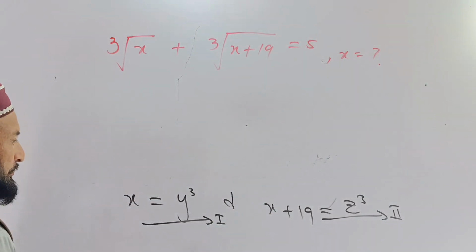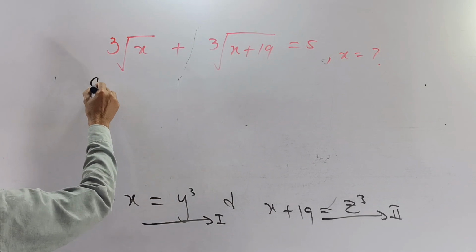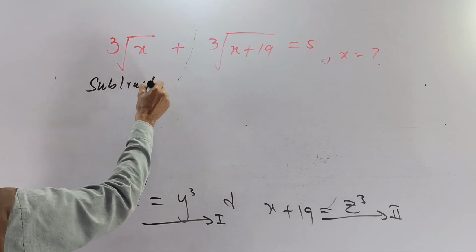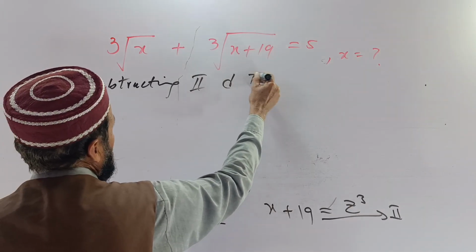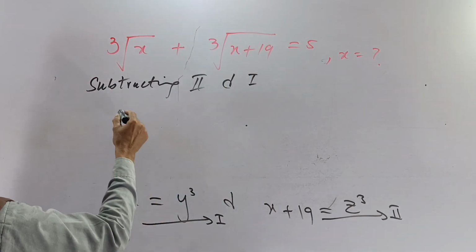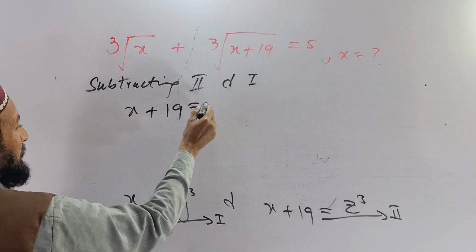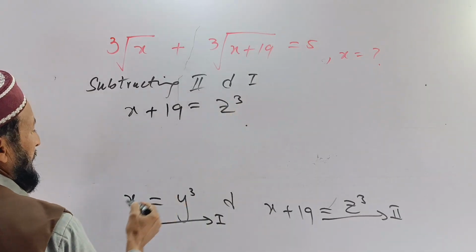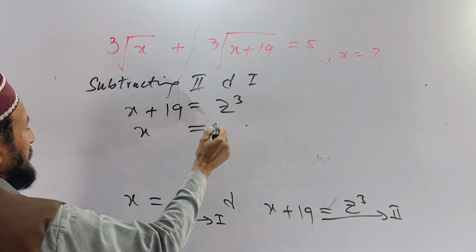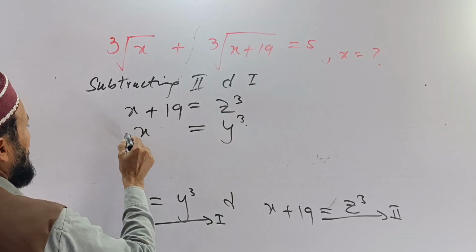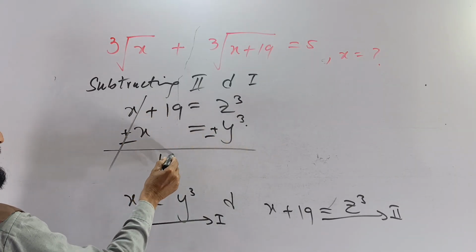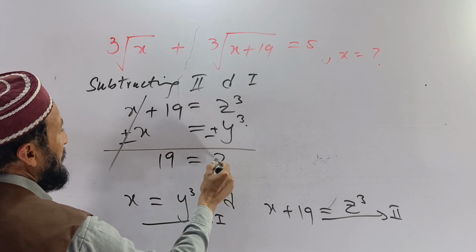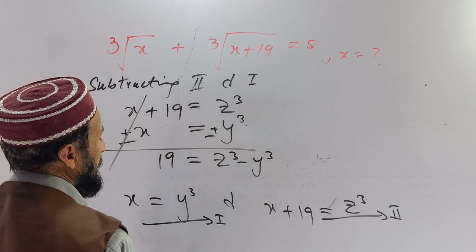If we subtract both results from each other, subtracting the first from the second, we get x plus 19 is equal to z cube, and similarly x is equal to y cube. If we subtract, their signs also change. This will be cancelled and we get 19 is equal to z cube minus y cube.